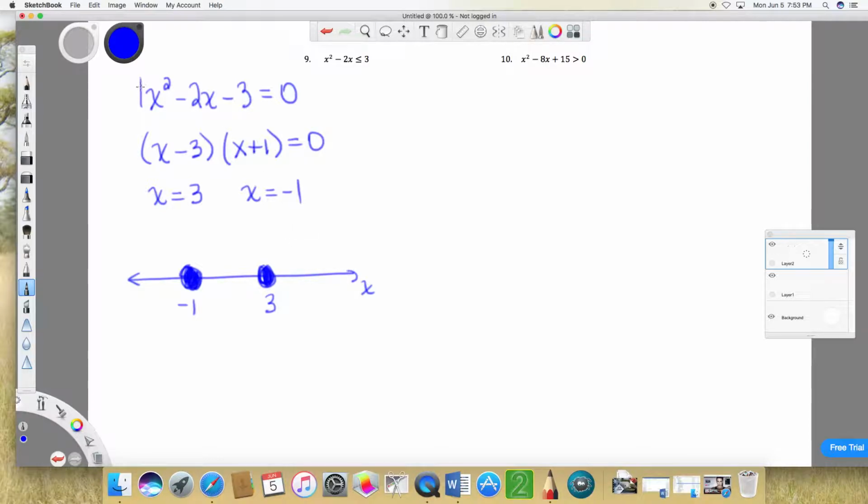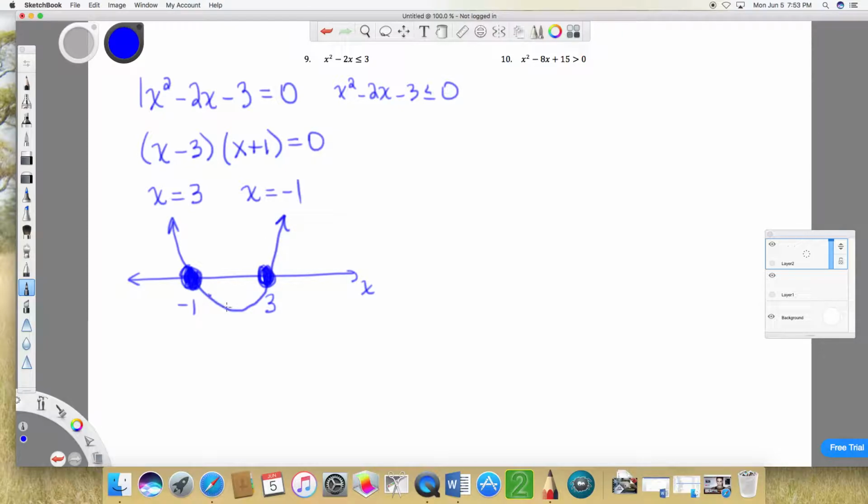X squared, the leading coefficient there is positive, a is 1. So I know that my parabola opens upward. And the part of the parabola that I'm interested in is one that, if I subtract 3 from each side, is less than or equal to 0.